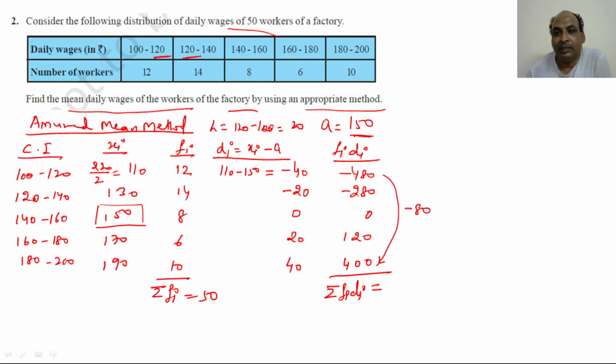Okay. Now these two are over. Similarly, minus 280 and plus 120. So this will give us minus 160.